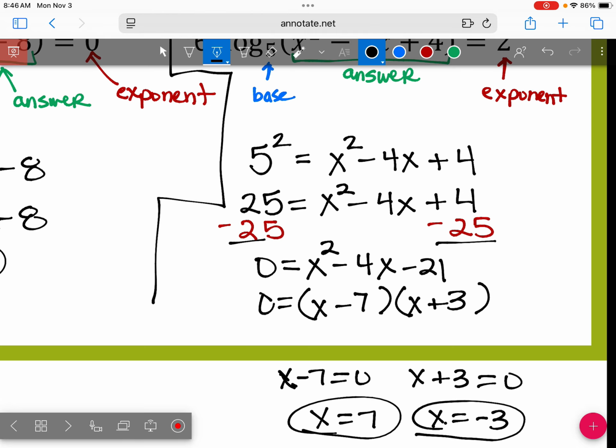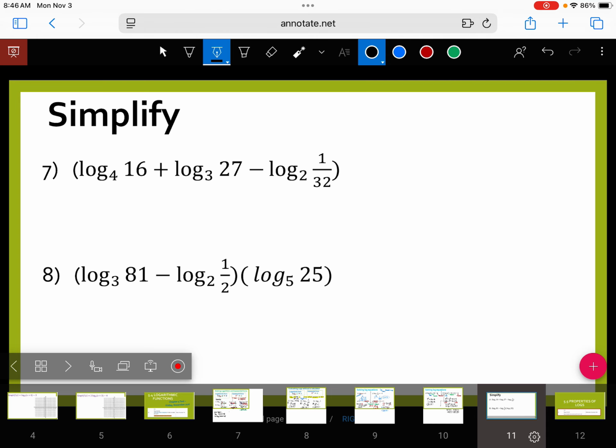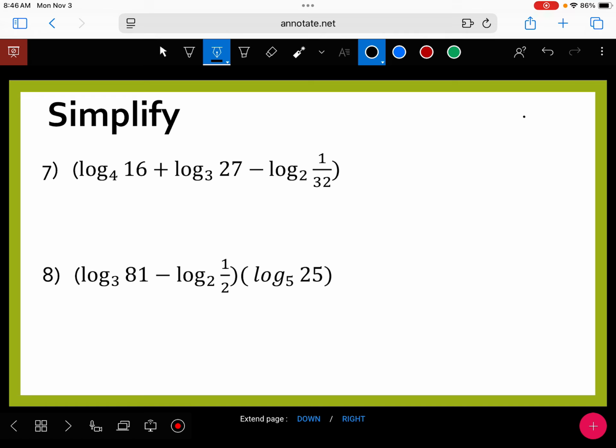All right, last 2. We're going to do just the last 2 and then we'll be finished. So go ahead and copy down these 2 and we're just simply going to simplify them.